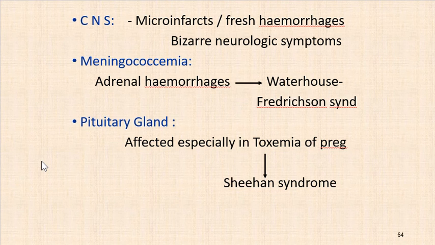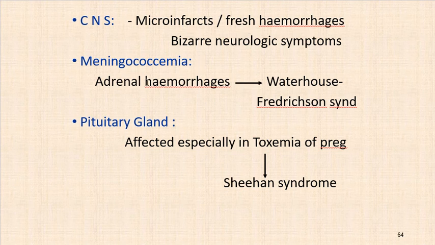In the CNS, microinfarcts will occur, or fresh hemorrhages can occur into the brain. And when this occurs, bizarre neurological symptoms can occur according to the site of the brain involved.